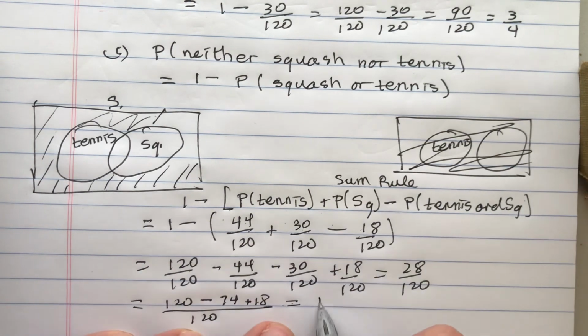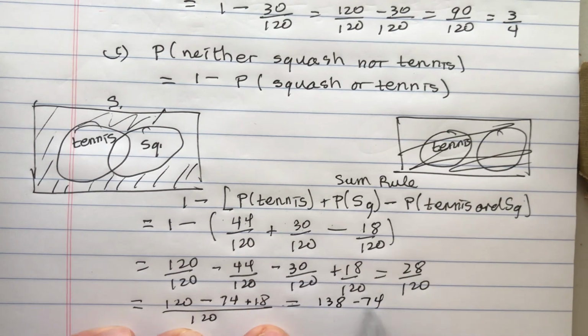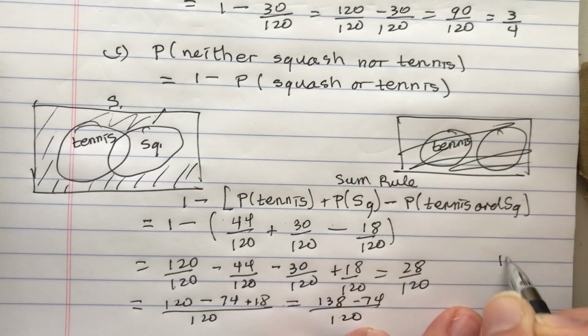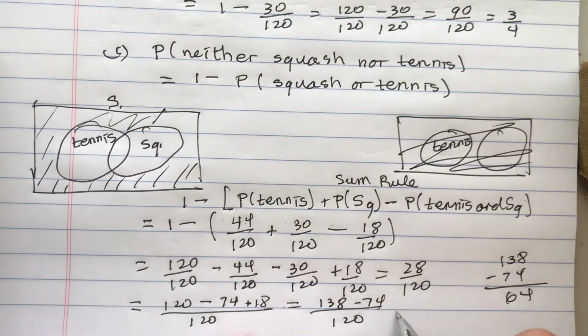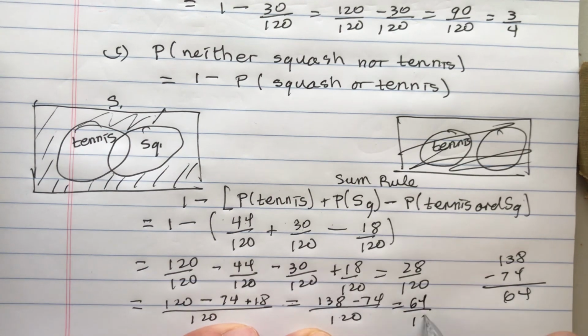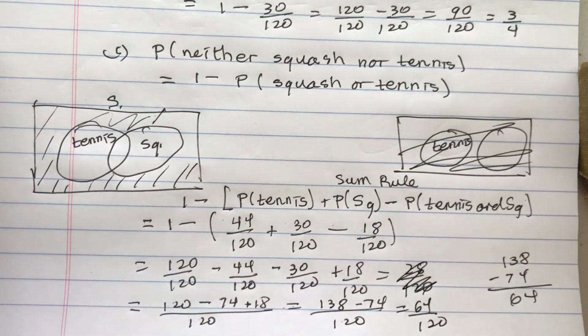So this is going to be 138 minus 74 over 120. So I believe that's 64 over 120. That's that right there. Okay, that's all.